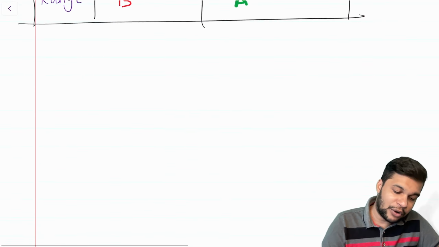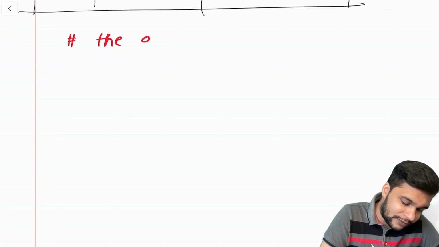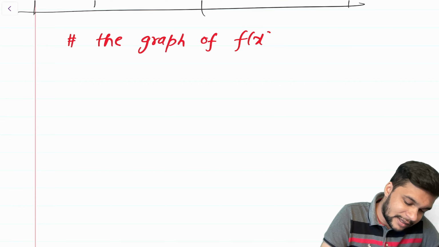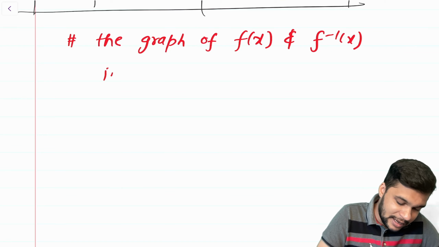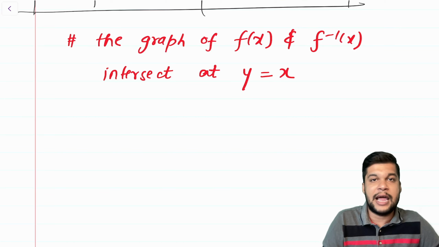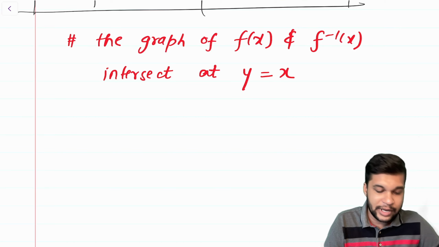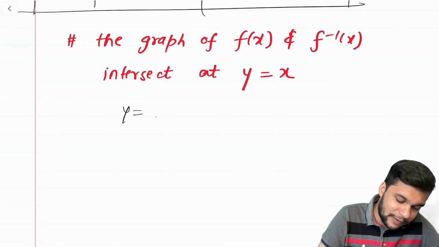Now, one more important concept that you should remember is that the graph of f(x) and f inverse of x intersect at y equal to x. Let's say, for example, you have a function y equal to ln x.